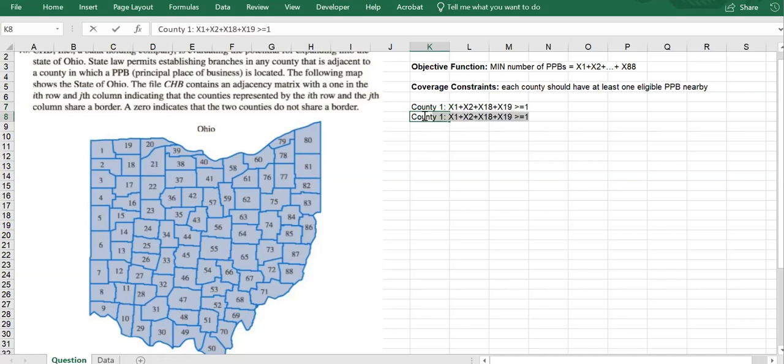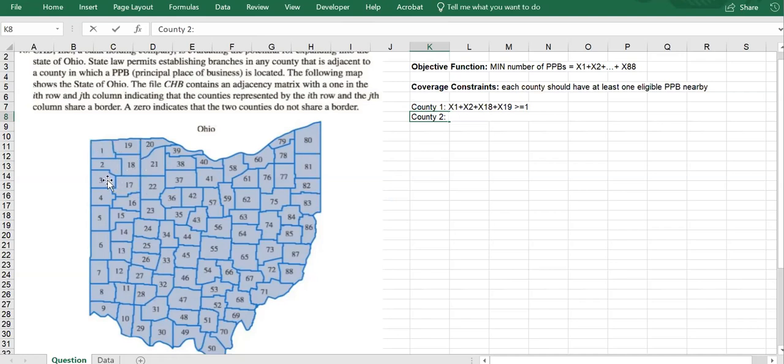County 2. What are the counties that can cover county 2? County 2 itself and all its neighbors: 1, 18, 17, and 3. 19 is not there anymore.